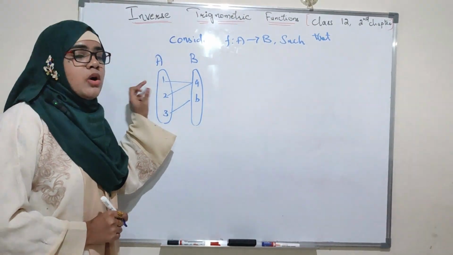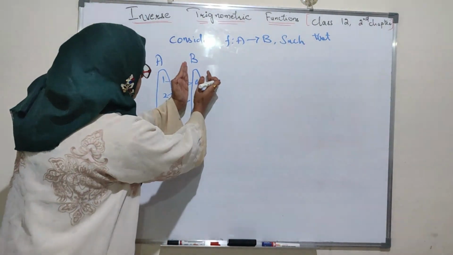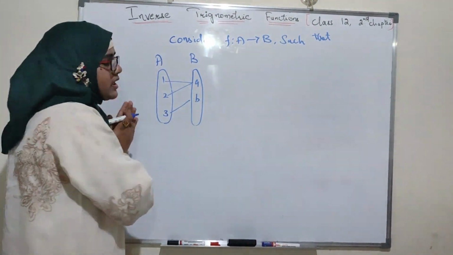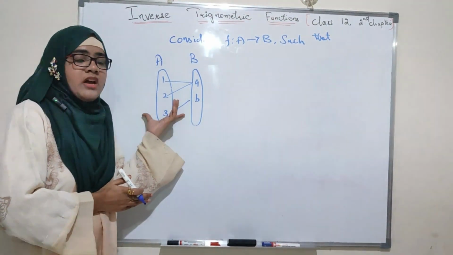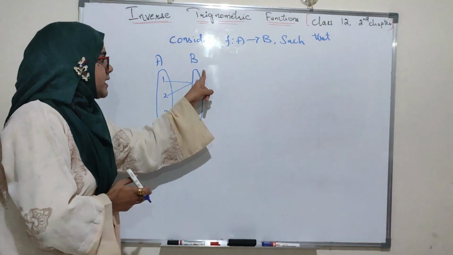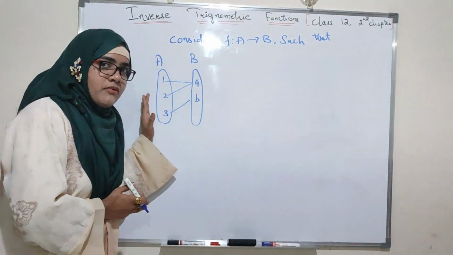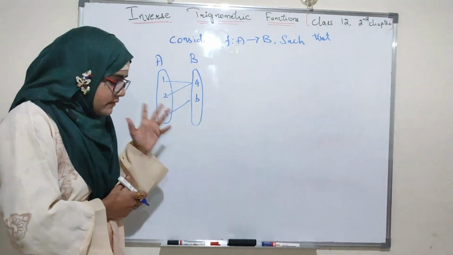It will not form a 1-1 function, but it is an onto function. Why? Because every element in the set B is the image of some element in set A. So it is an onto function, but it is not a 1-1 function.